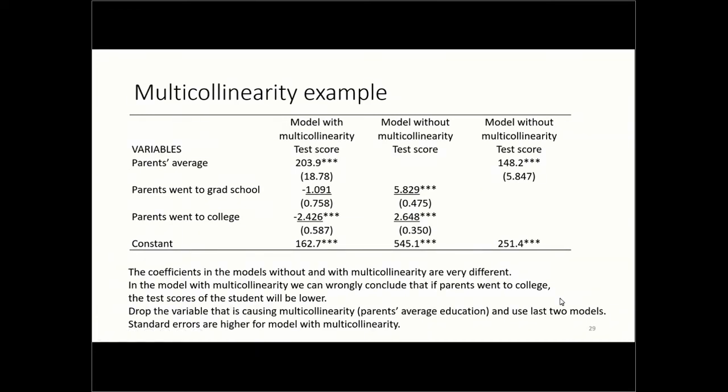So here are the estimated models, the model with multicollinearity, and here are the models without it. The model that has multicollinearity has all three variables included in the regression, even though they're very highly correlated with each other.